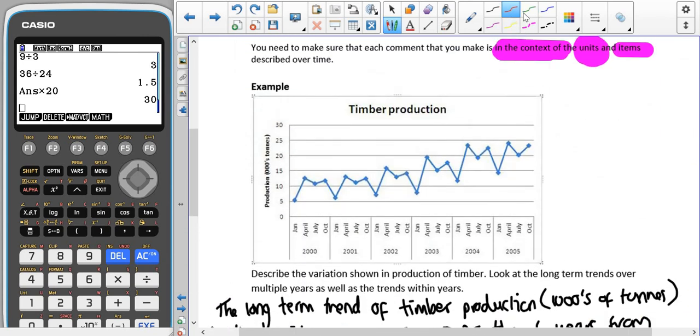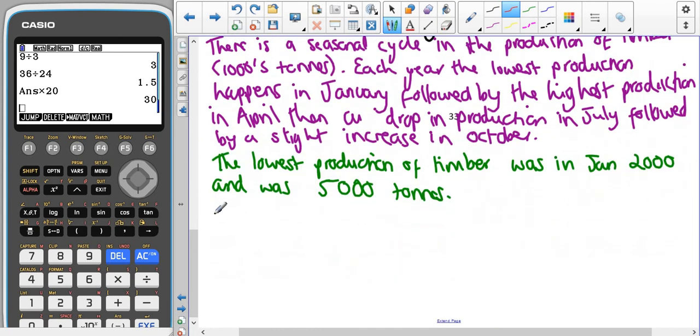One last comment about the highest production. The highest production looks to be this point here. That's April 2005.